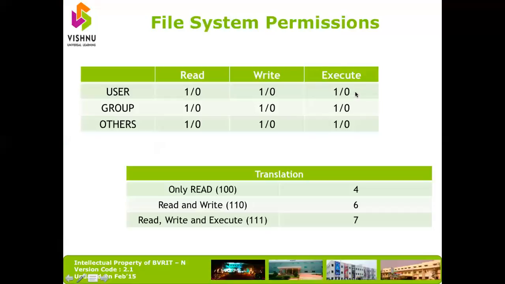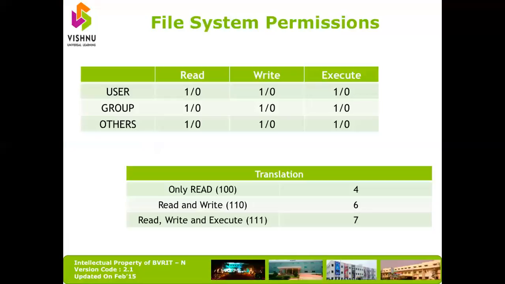In binary that is 100, which translates into decimal as 4. Similarly, if I have to give permission only for read and write, I give 1, 1, and for execute I mention 0. In binary that is 1, 1, 0, which in decimal is 6.